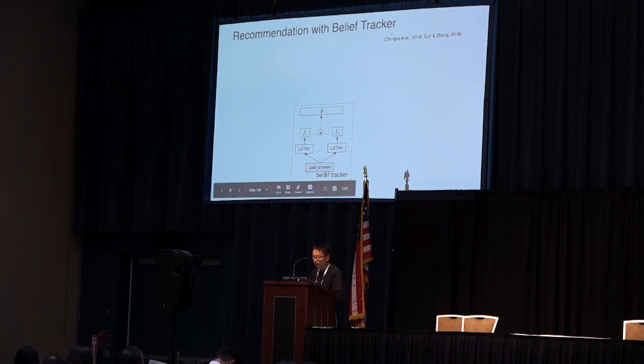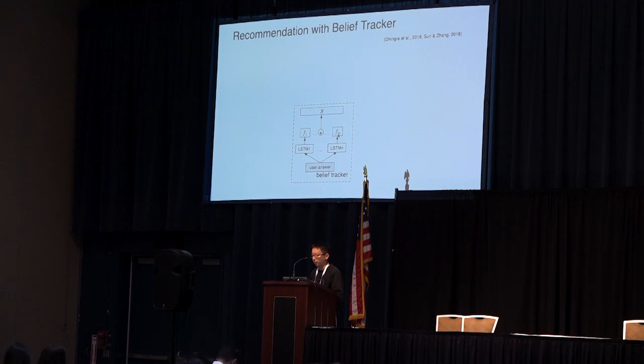For the belief tracker, the input is a user answer, which is a natural language sentence. It is run through multiple LSTMs. So here there are n LSTMs, which means there are n facets the system wants to track, and the output is denoted by f1 to fn, the facet information. It is worth noting that here the facet is actually a probabilistic distribution.